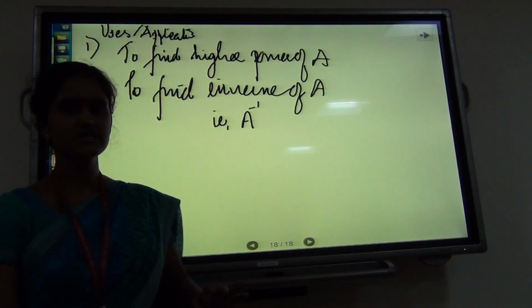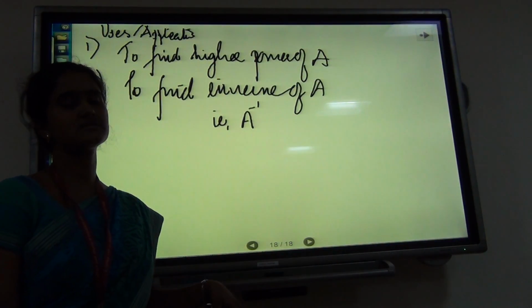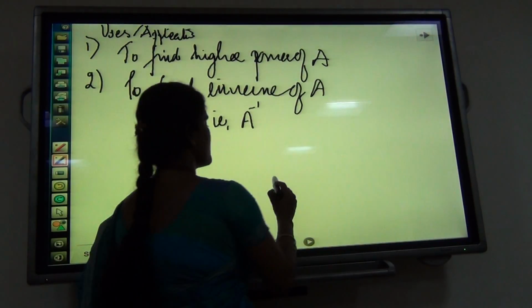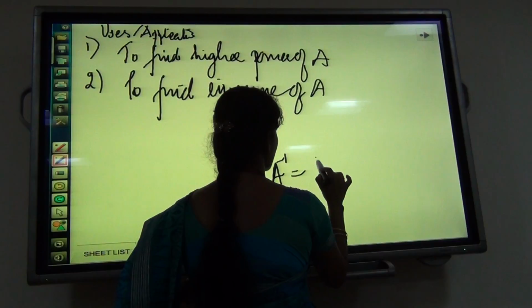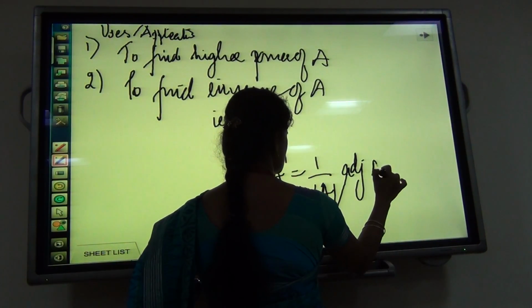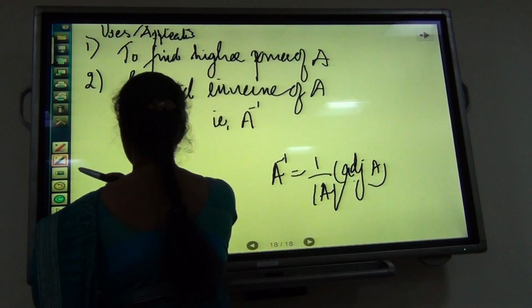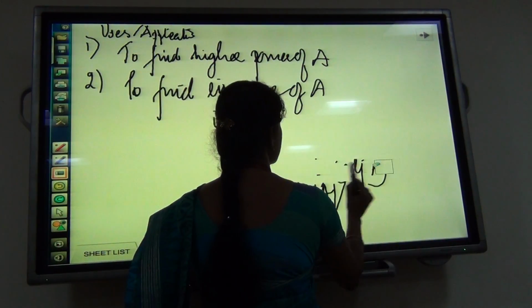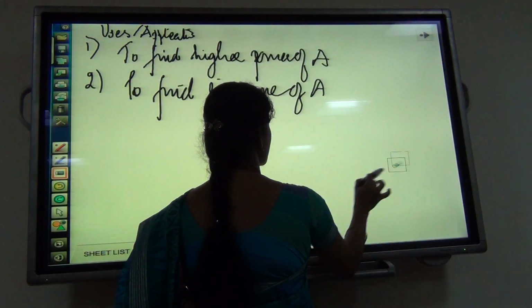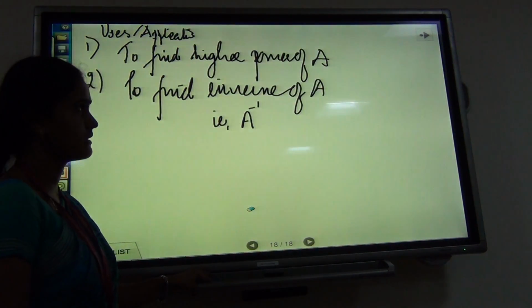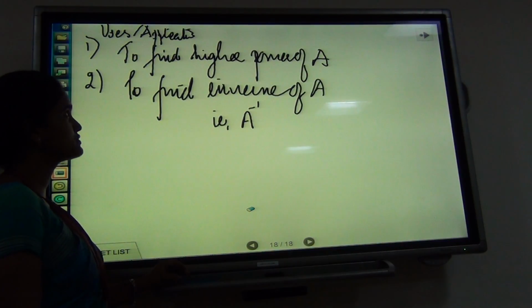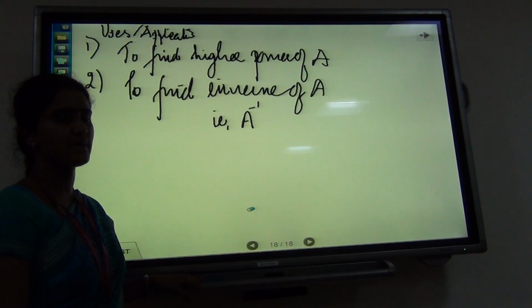Actually, without using the Cayley-Hamilton theorem or the characteristic equation, A inverse is equal to 1 by modulus of A into adjoint of A. This is how we usually find it. So here, using the Cayley-Hamilton theorem, we can easily find higher powers of A and the inverse of A. These are the two uses, or applications, of the Cayley-Hamilton theorem.